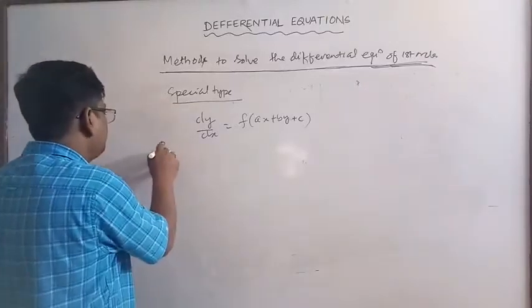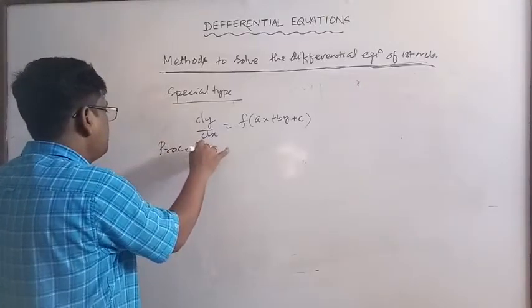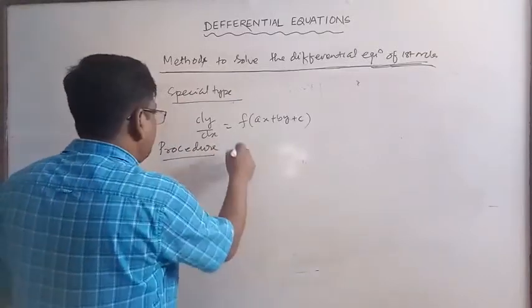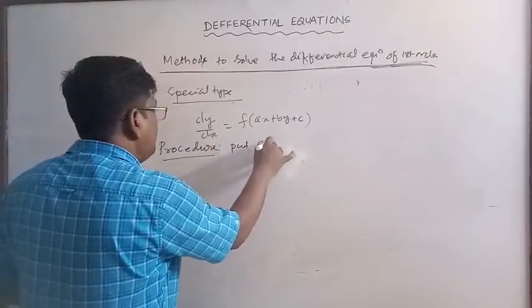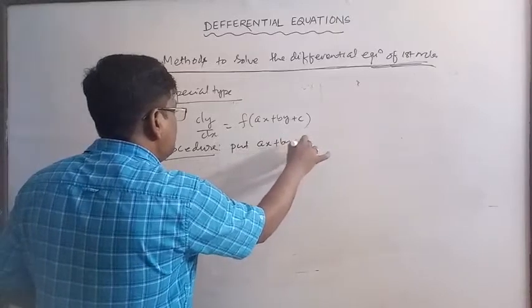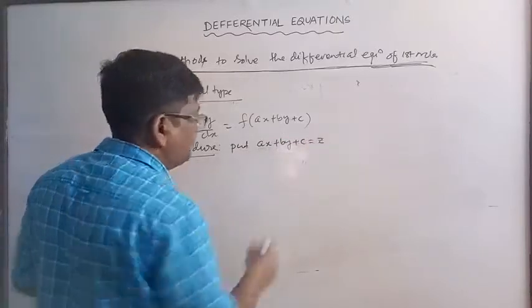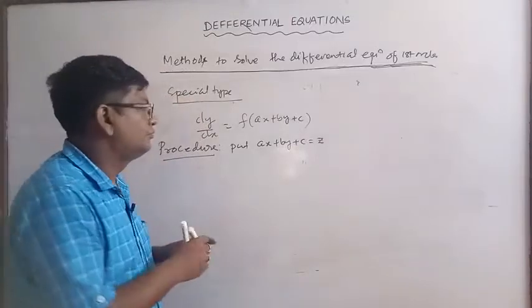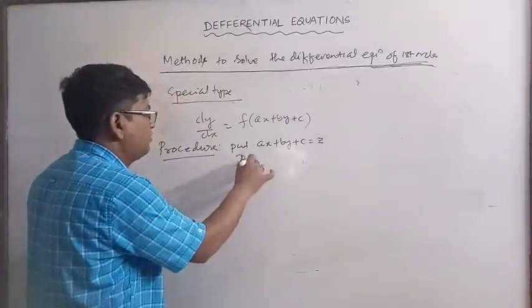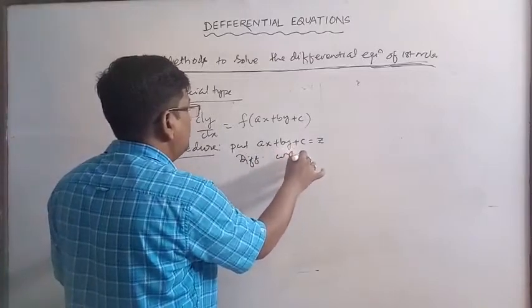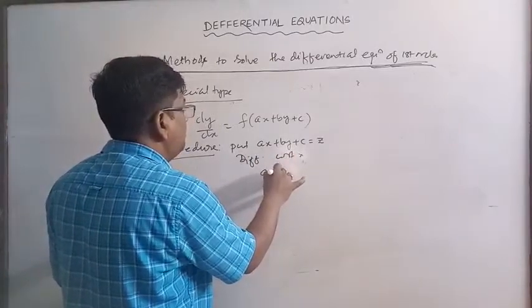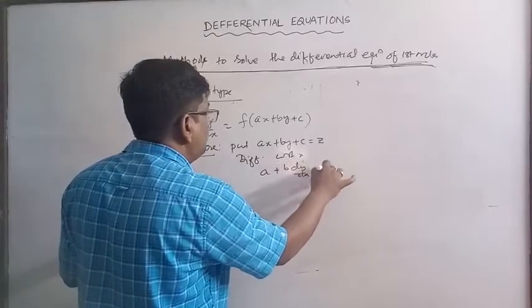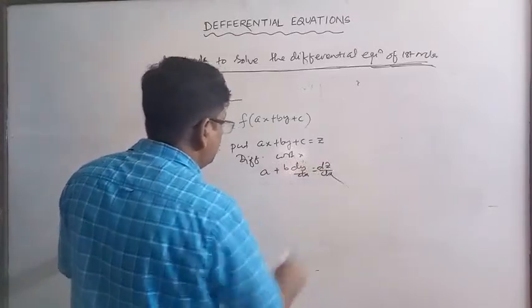Procedure: put ax + by + c = z, where c is any constant. Now differentiate with respect to x. a + b dy/dx = dz/dx.